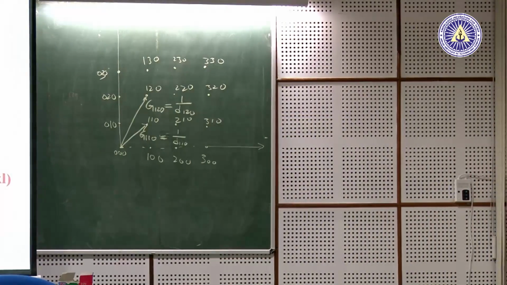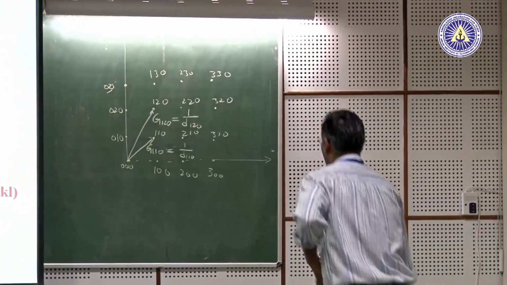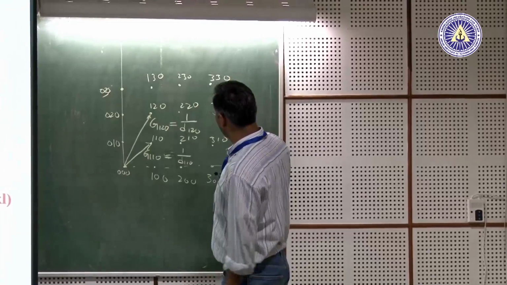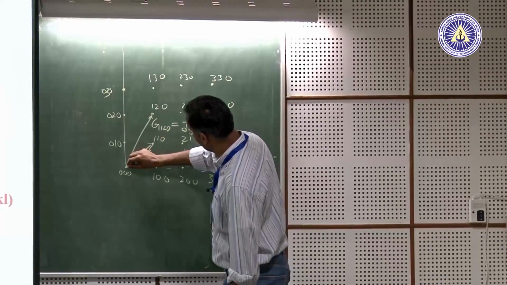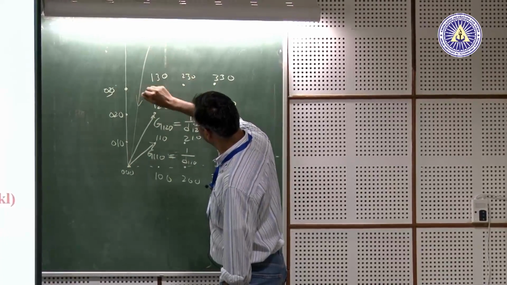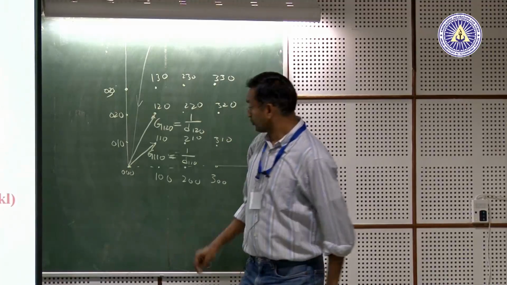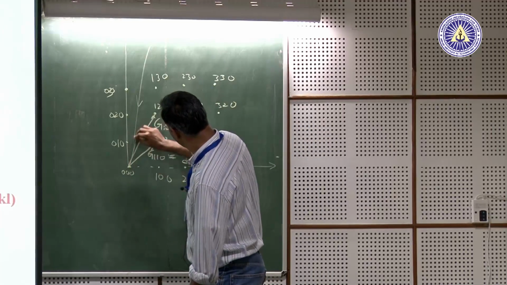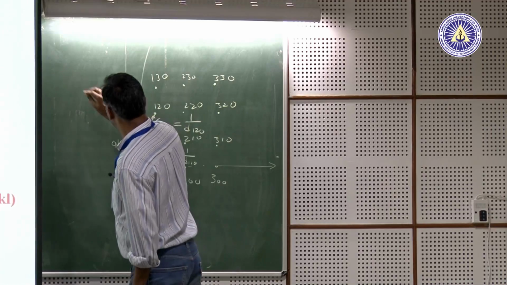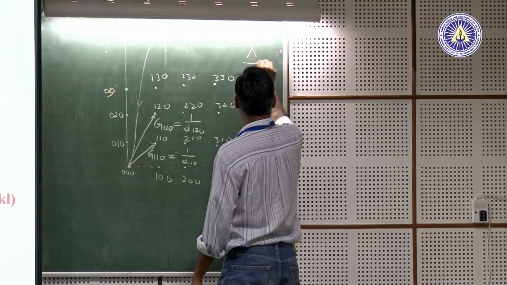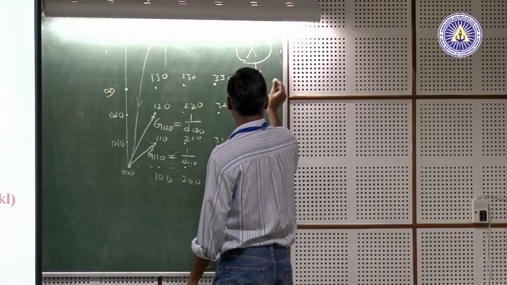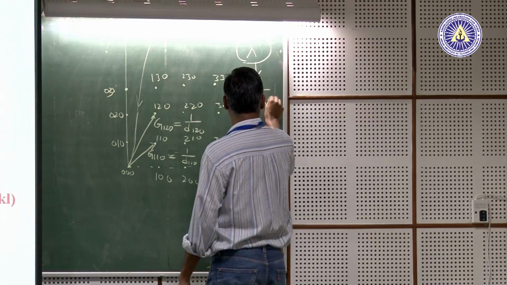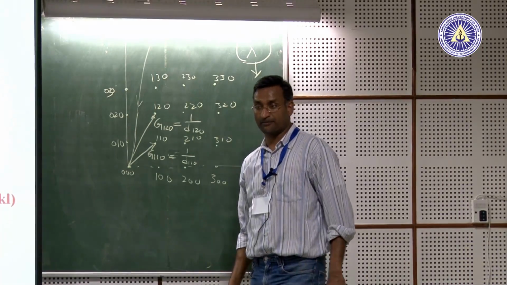Now let us see the utility with X-rays. Let us say you have an X-ray beam entering from some direction. If the wavelength is lambda, then the corresponding wave vector is 1 over lambda.